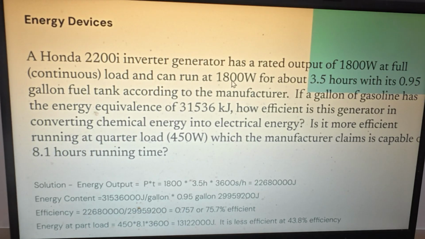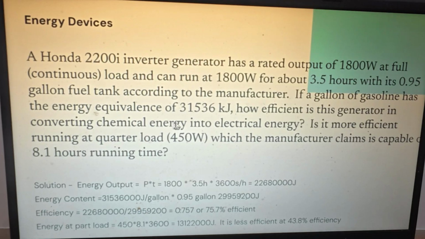And it can run this power for about 3.5 hours using its less than a gallon fuel tank, 0.95 gallon, according to the manufacturer. If a gallon of gasoline has an energy equivalence of 31,536 kilojoules, how efficient is this generator in converting chemical energy into electrical energy?